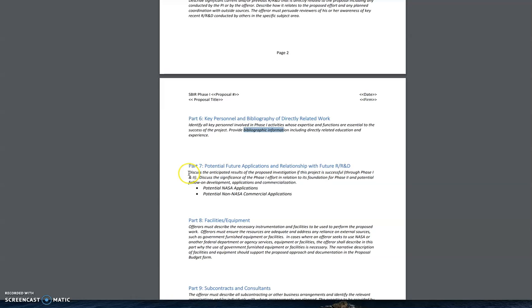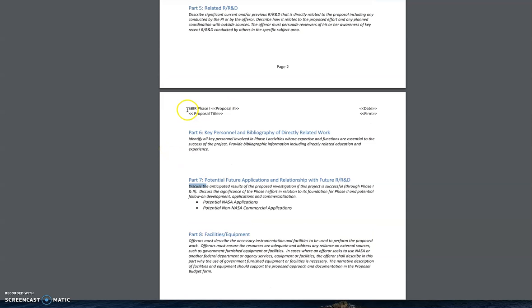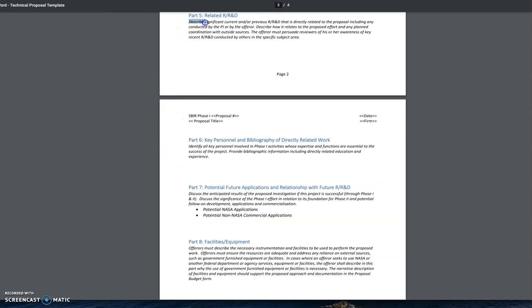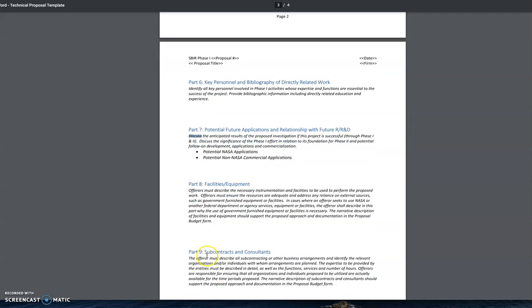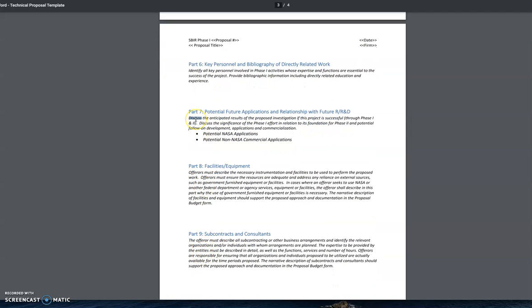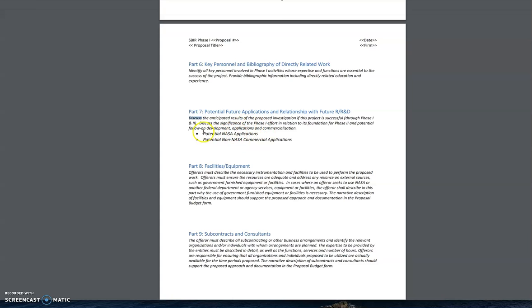If we continue to scroll down, discuss. There's a reason that one part says describe, one part says identify, one part says discuss. Those are different ways of conveying information. Those are different ways of writing. So don't make an assumption that everything is identifying or that everything is summarizing.